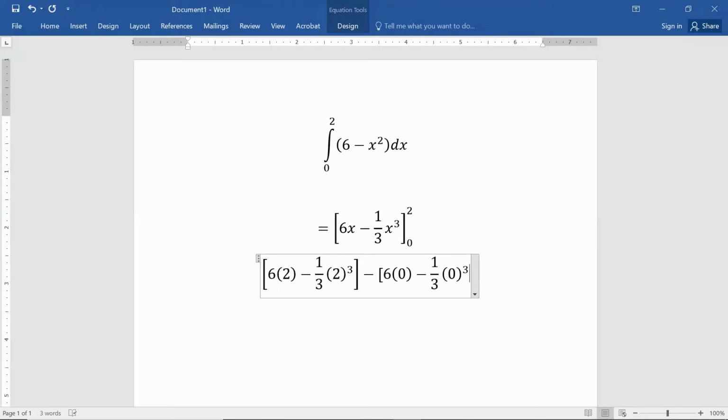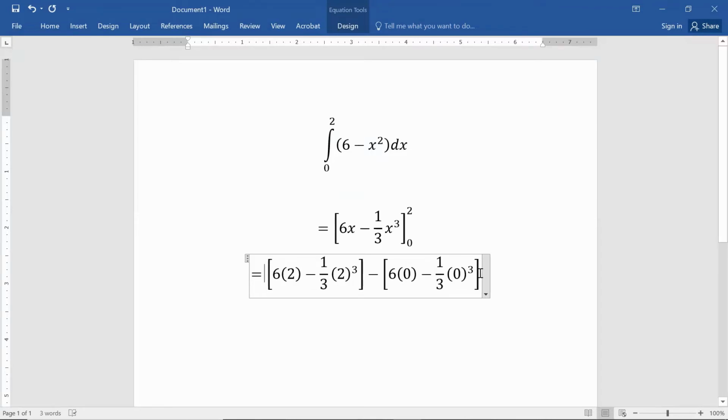Excuse me, I miswrote that. Now I can multiply this out and get an answer. You can do this on one line in one step, or you can do it in 2 steps where you find this number and then subtract this number, or you can just do it all in one step if you'd like.